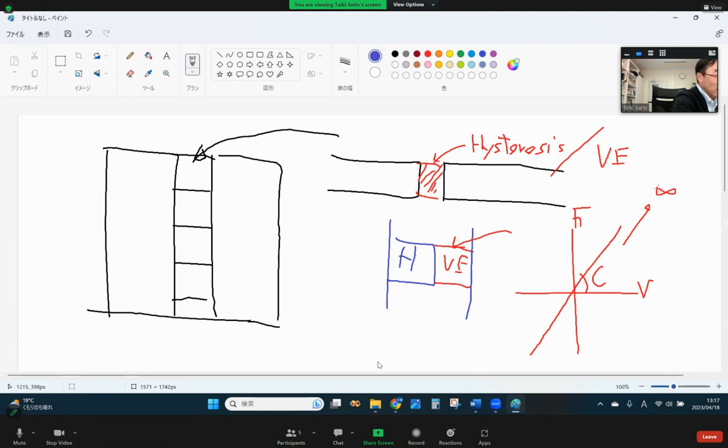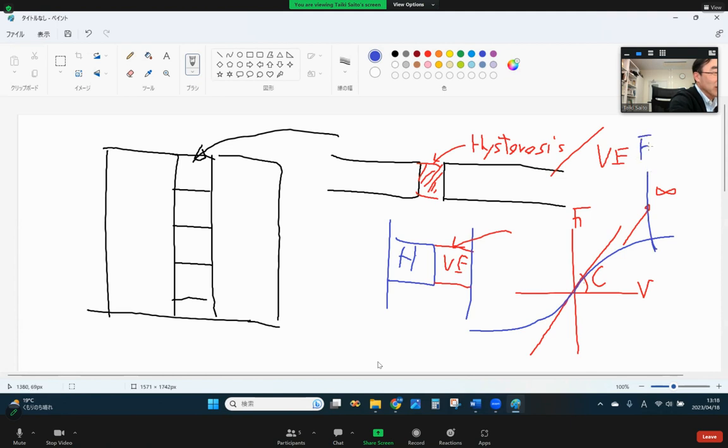Usually in the case of an oil damper, we consider a second slope so that the damping force doesn't go excessive. We intentionally put an upper limit for the damping force, or we use nonlinear behavior.